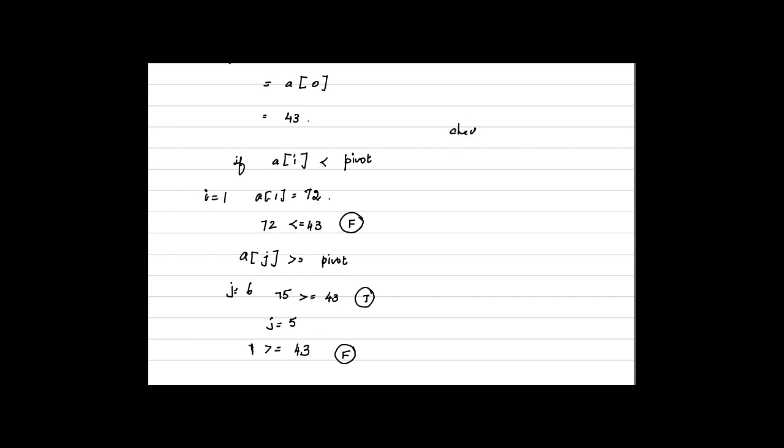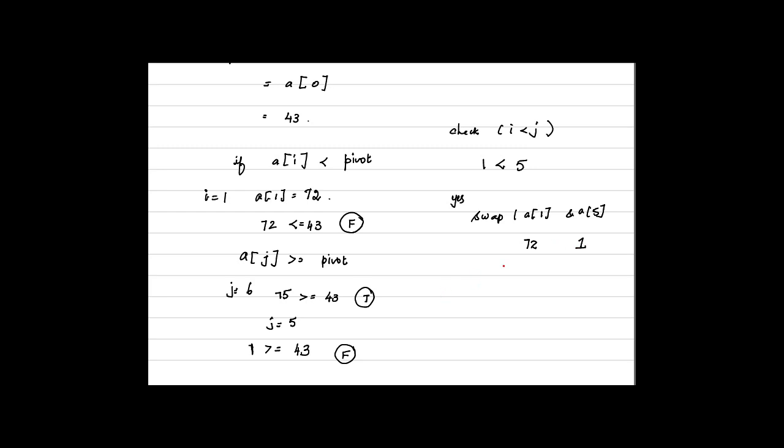It checks whether I is less than j. I value is now 1 and j is 5. Is it less? Yes. If it is yes, it swaps A of 1 and A of 5. A of 1 is 72 and A of 5 is 1.